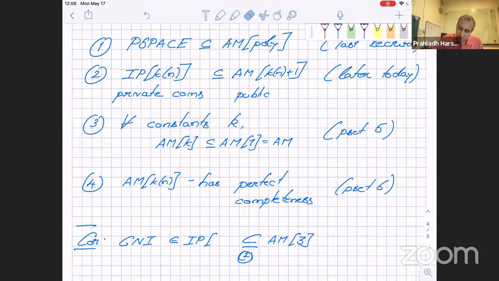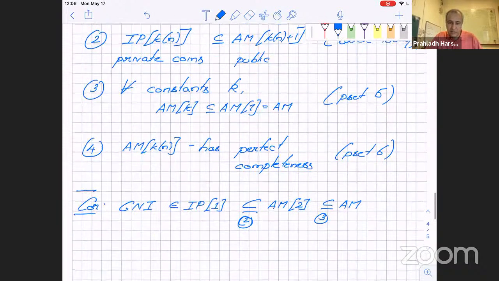This is messing all of this up. This is IP[1]. It was just a one-round protocol. So this will go in AM[2], and this will get contained in AM by 3. We haven't proved either 2 or 3. 2 will be proved later in class, and 5 is this one. But let's assume this for now.